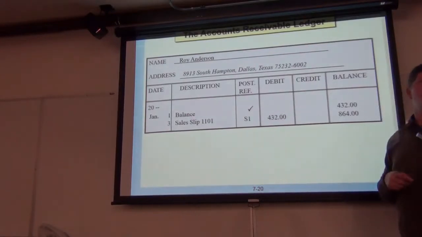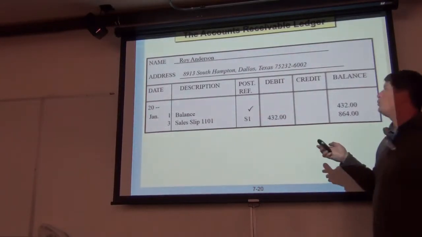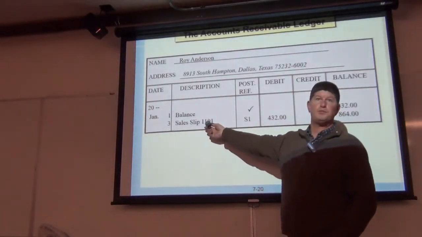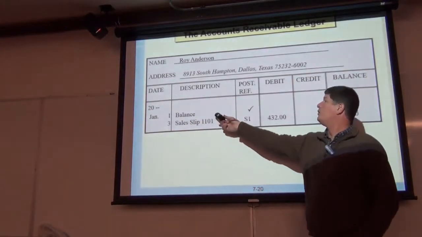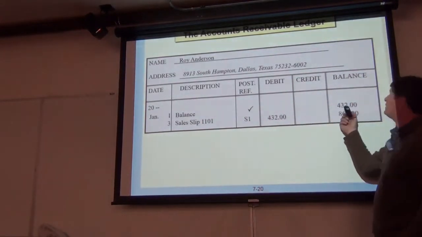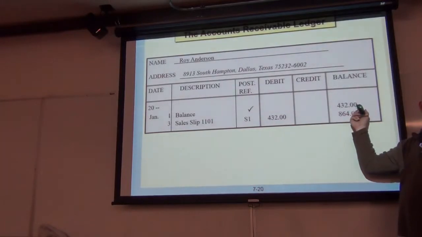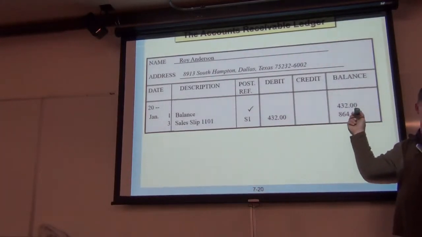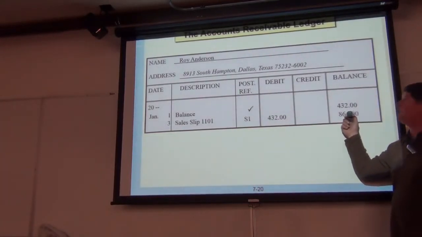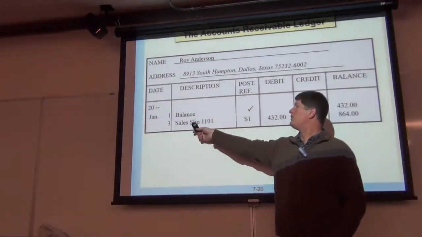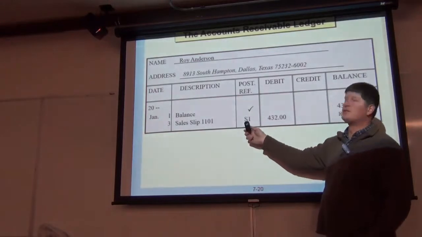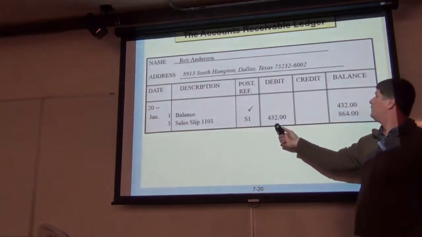So remember the one example where we saw the sales slip. Roy came in and he bought some suit. So he had a balance from last month because he bought something then. We charged him $400 for it plus the sales tax for $432 total. His accounts receivable is $432. Here we are in this month, January. He came in and bought something else. It's on Sales Journal 1.